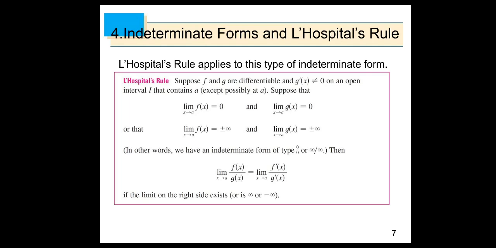Particularly, it is really handy for dealing with indeterminate forms of type 0 by 0 or infinity by infinity. When we have this kind of function, L'Hopital's rule is really helpful in evaluating the limit. Basically it says: suppose the limit of f of x as x approaches a is equal to 0, and the limit of g of x as x approaches a is equal to 0.